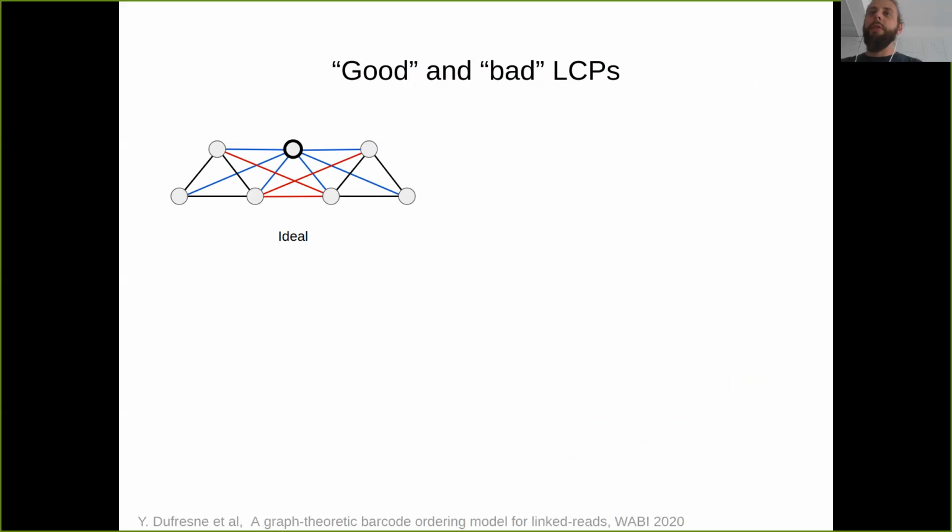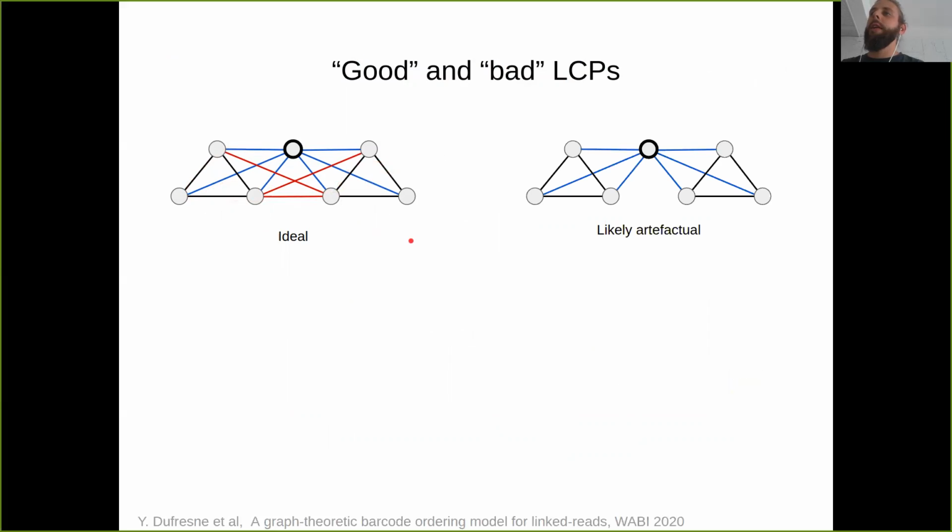Here I will present a metric on how to differentiate good and bad local clique pairs. The ideal one is this one with balanced cliques and linking edges going from the left clique to the right clique.